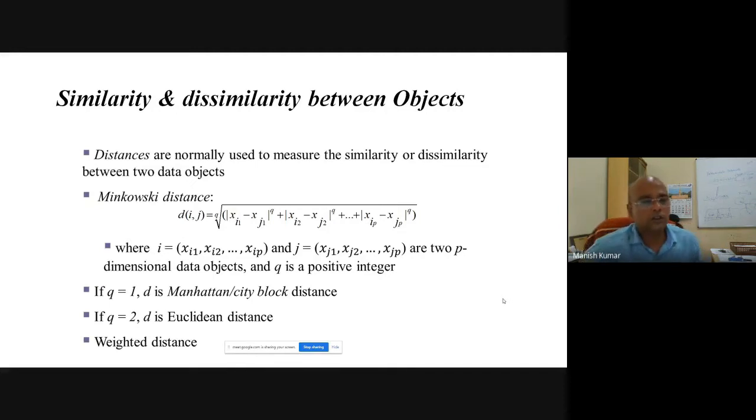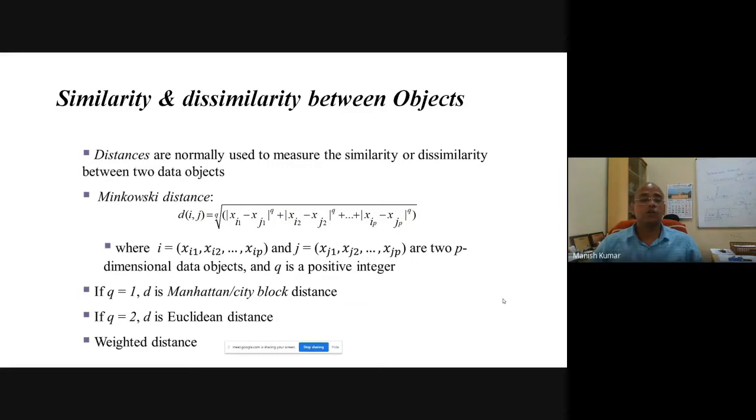Certainly, you know that in the Minkowski distance, all the xi's are the attributes of the sample data. You can have i or j as p-dimensional data objects. So these individual xi1, xi2 are representing the individual attributes of the sample, and they will contribute in the distance calculations.